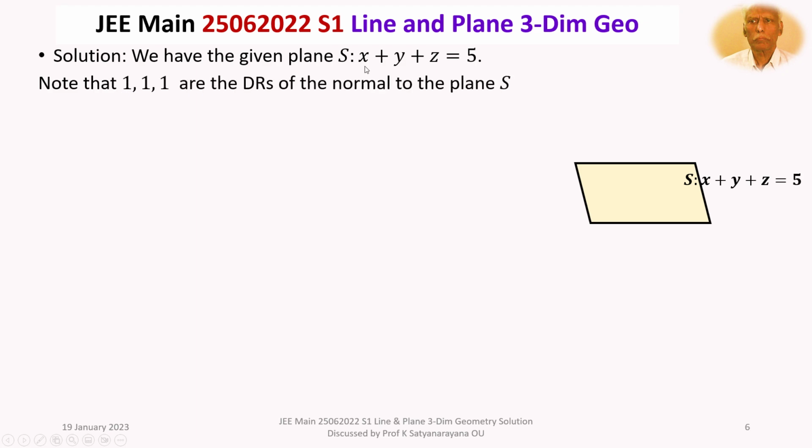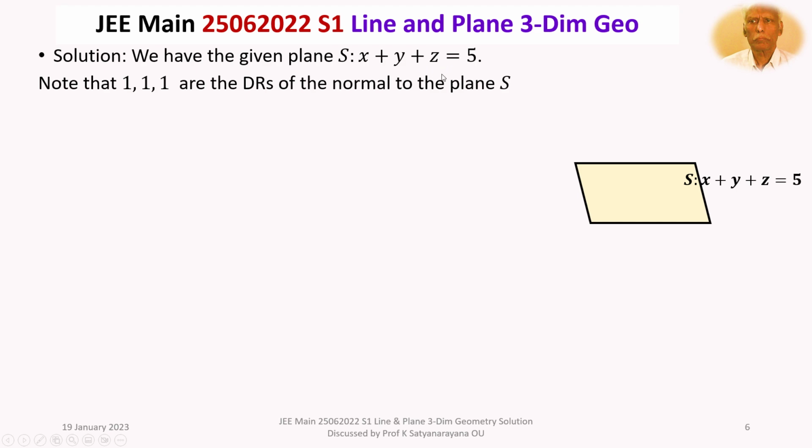If you have a plane ax plus by plus cz plus d is equal to 0, then the coefficients of x, y, z, that is a, b, c, are the direction ratios of the normal to the plane, not to the plane, as I said earlier.